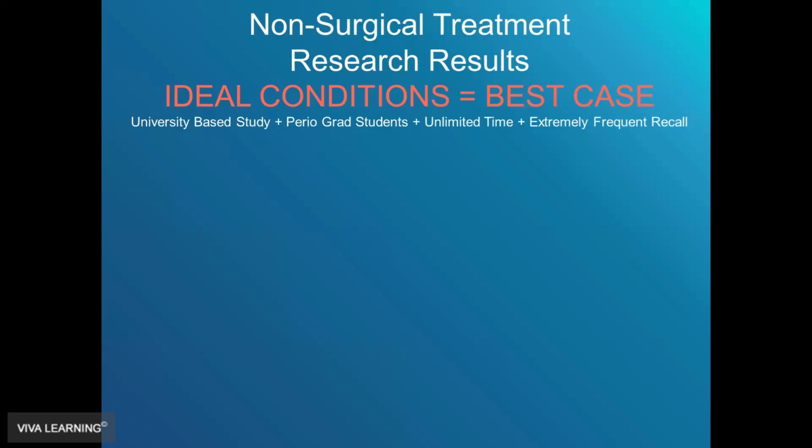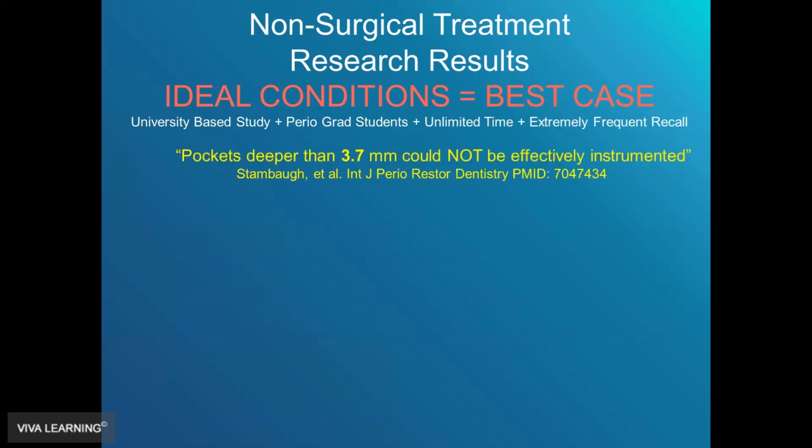I've even seen studies where they have an unlimited amount of time to render treatment, and they do extremely frequent recall, such as doing periodontal maintenance weekly, or even getting these patients in so the perio grad students are brushing and flossing for the patients. Not something we can really replicate in private practice. We wish, right? So as far as the outcomes go, what do we see? And these are ideal conditions. Stambaugh found pockets deeper than 3.7 millimeters could not be effectively instrumented consistently.